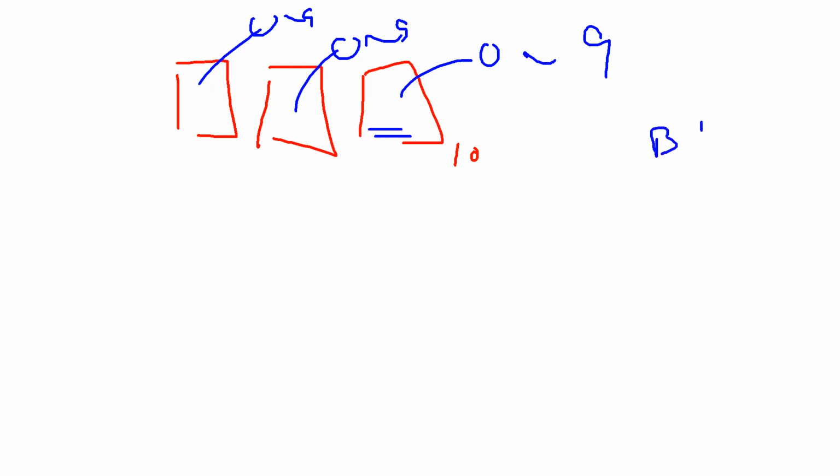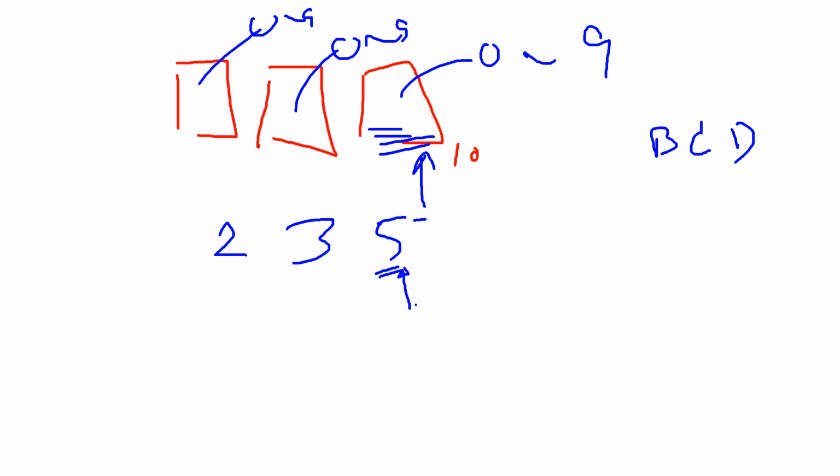For this BCD number system, we write down the binary code for each digit. Namely, for example, 2, 3, 5. For example, I can represent 5 with what? Because 0 to 9 needs 4 bits to represent, namely 0000 until 1001, right?